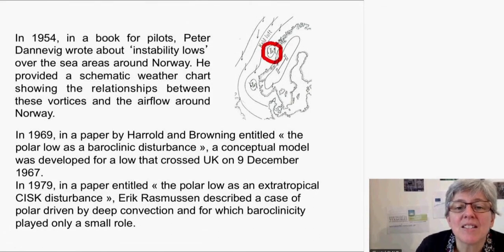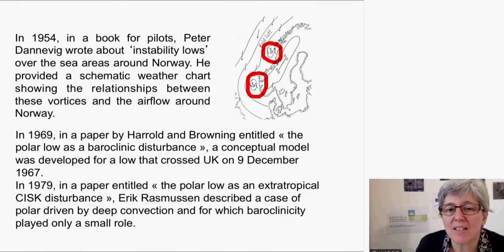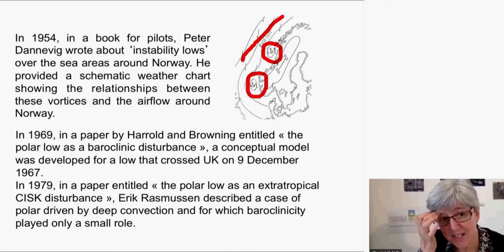I'm very impressed by this kind of image because even if it's not totally true, he had the idea that these systems would form when very cold air would be advected from the north towards open sea. And given that you had no satellite image or anything, only a few radio sounding observations, it was really interesting that someone could see this.